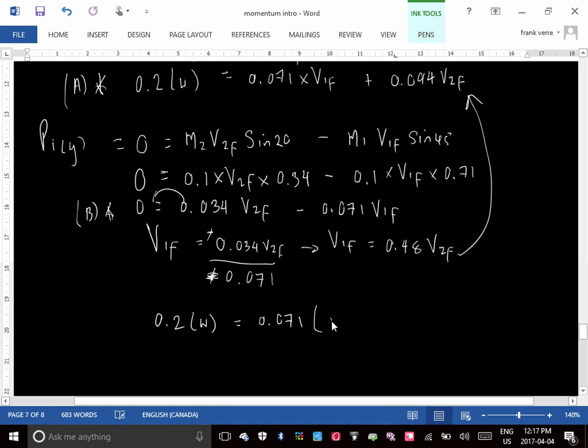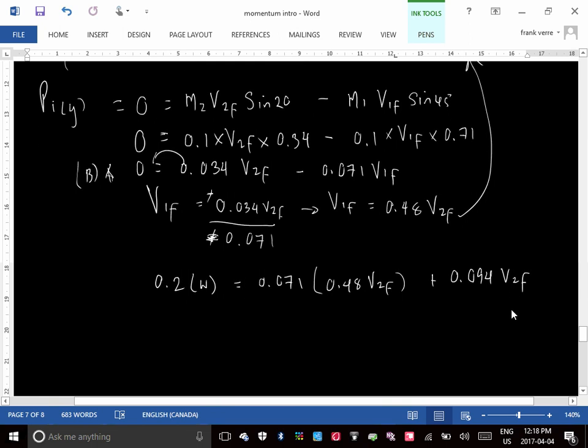But V1F is 0.48 V2F, plus 0.094 V2F. So we have 0.2. We know what's going west. I'll leave that out. So what does this add up to? 0.034 plus 0.094 V2F.